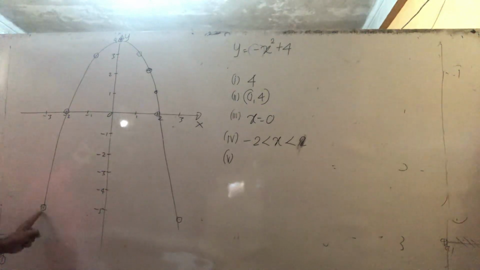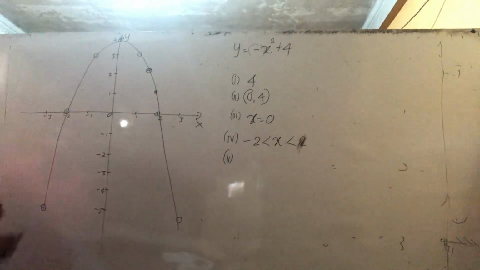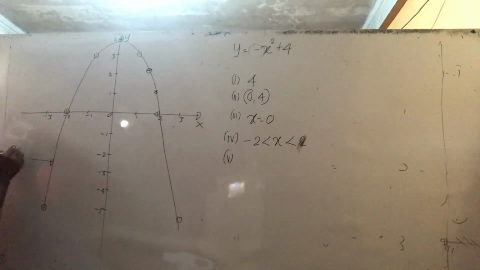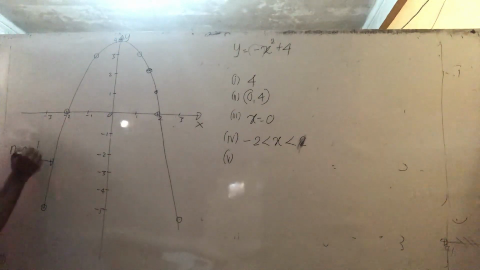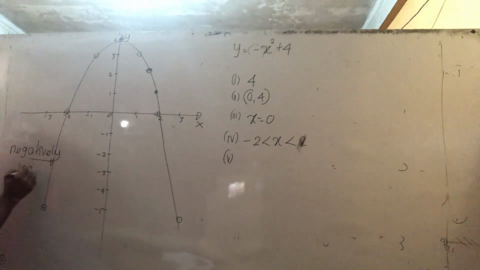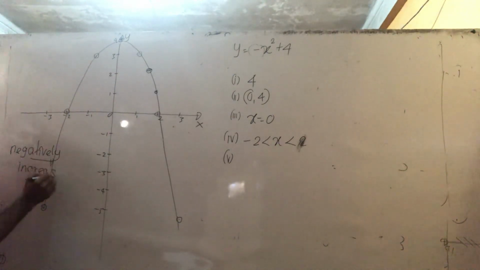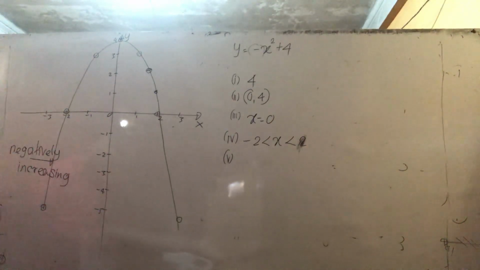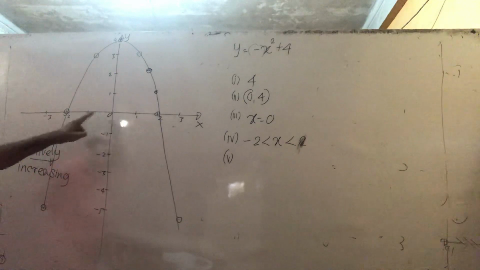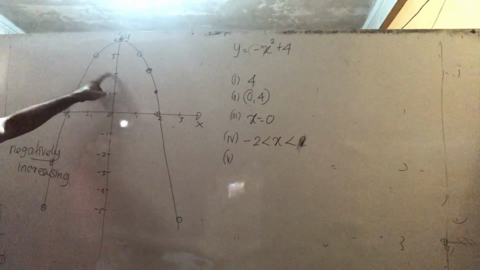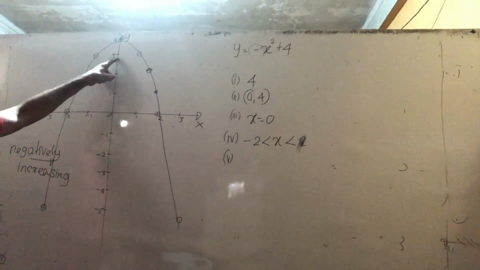This part we call the negatively increasing part. Come here. Here y is 0, y is 1, 1.5, 2, 2.5, 3, 4.